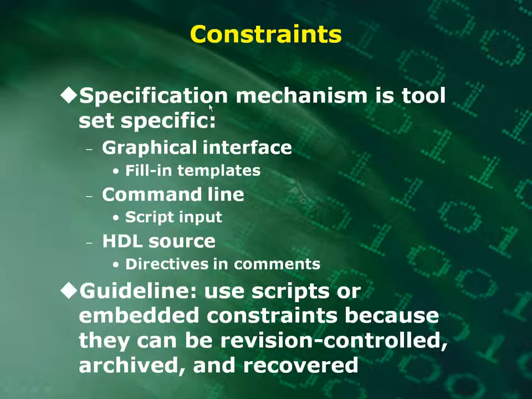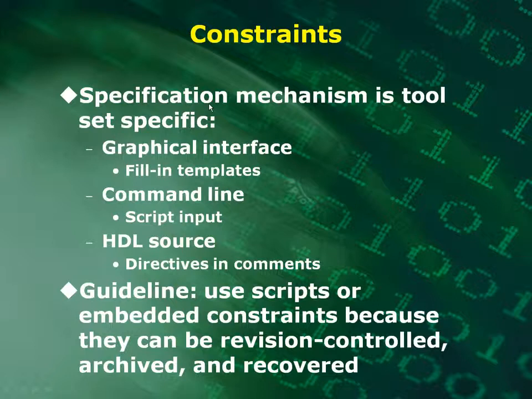The specification mechanism to put these input constraints in is tool specific. Some have a graphical interface where you fill in templates, such as if you're using Altera's Quartus tool. It has options you can check to tell it what kind of constraints you want. If you look in the documentation, usually you can find command line constraints or script type inputs.